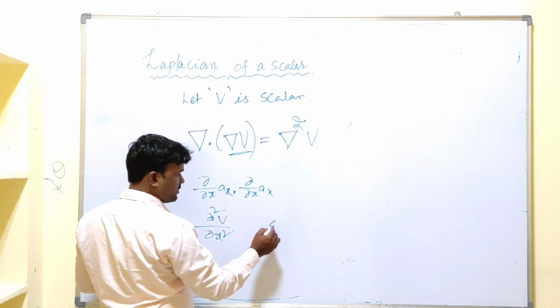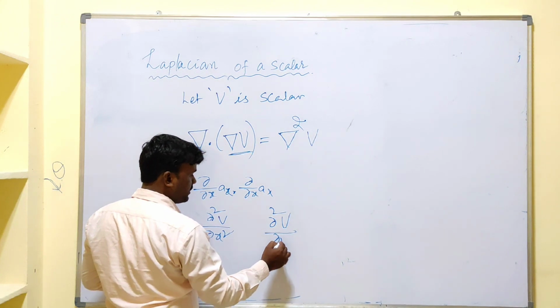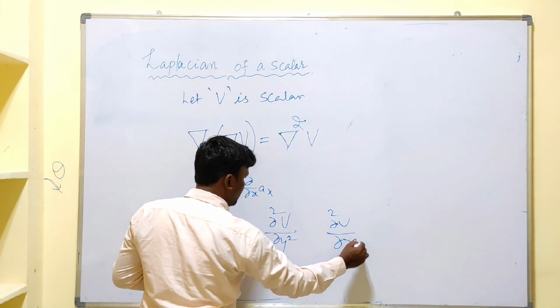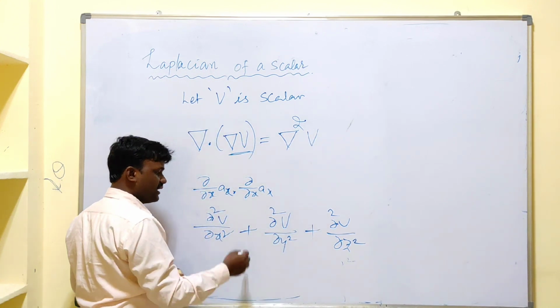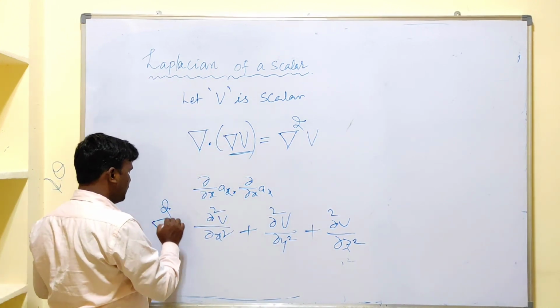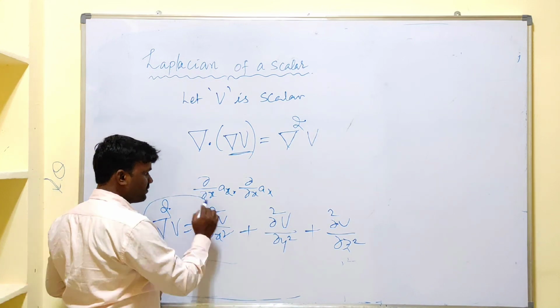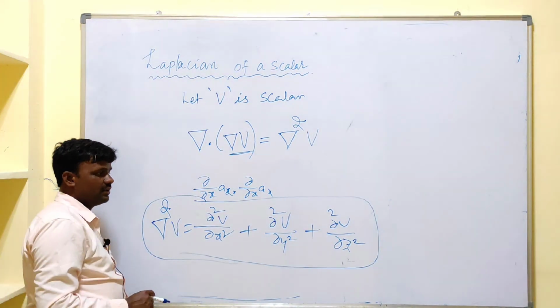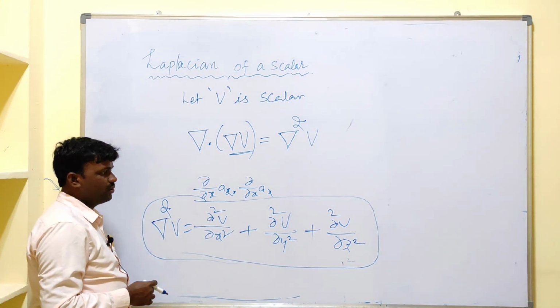Similarly, along the y direction we get ∂²V/∂y², plus ∂²V/∂z². If I add all three, I get the Laplacian operator on a scalar: del square V equals ∂²V/∂x² plus ∂²V/∂y² plus ∂²V/∂z².